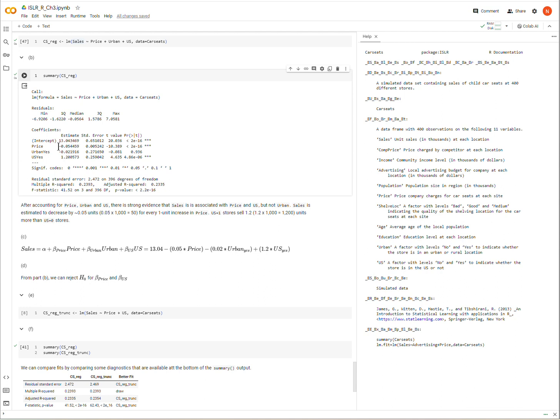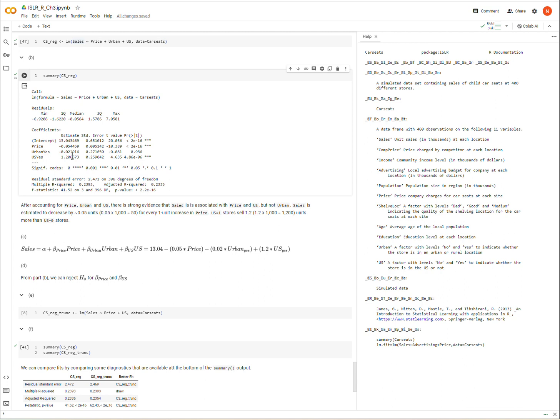For price, it's saying that for every 1 unit increase in price, and I'm not sure what a unit is, it doesn't specify, it might be dollars, it might be tens of dollars, sales go down by 0.5. Remember, a unit for sales is thousands, so that would be about 50 car seats. That would be a $1 increase in price causing 50 car seats fewer to be sold. That seems a little too strong to me, so I'm not sure that price should be in dollars here.